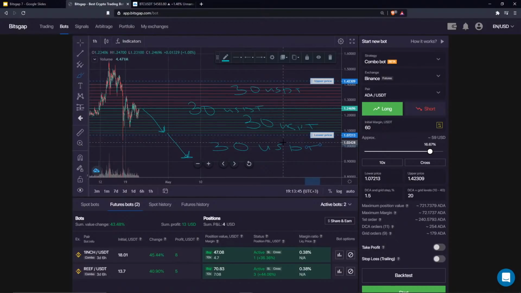So this is the configuration as it is. 30 plus 30 plus 30 plus 30, so in total that's 120. As I said, your initial margin can be increased up to 2 times in general. So that's the risk that you take.